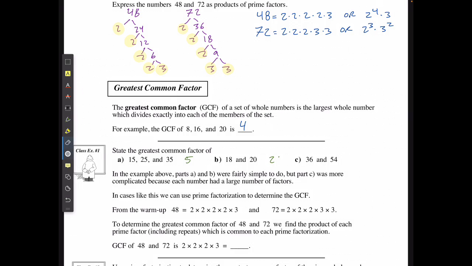They're both even numbers. If I had 36 and 54, I can divide them by 1, 2, 4, 8, 9, and then the biggest one is actually 18.